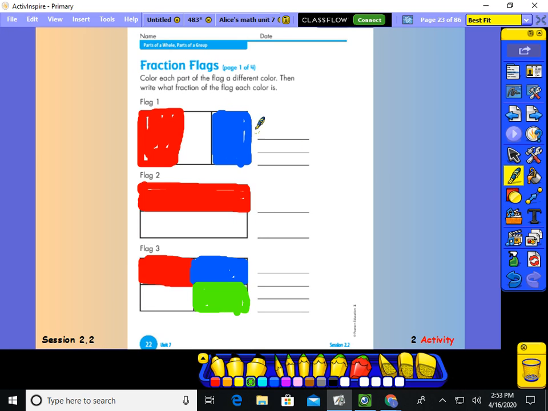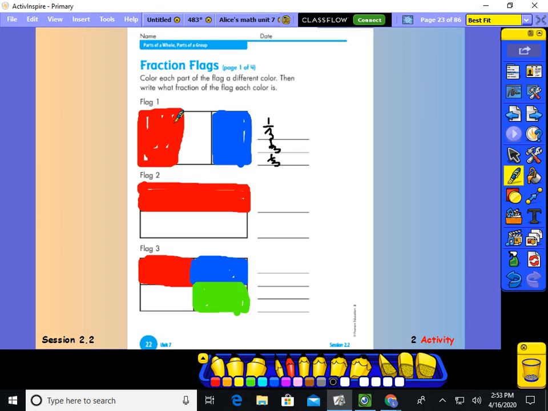All right. Now it'll be a little bit difficult for me to write. They would do a much better job. So we're going to write what fraction of this flag is red. So one part is red out of 3 possible parts. One part is white out of 3 possible parts, and one part is blue out of 3 possible parts.